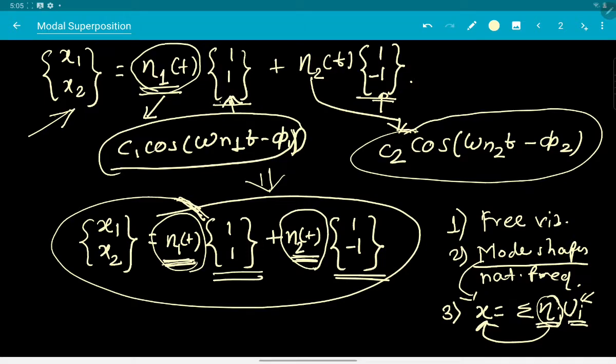Because we already have determined these mode shapes, we don't have to determine mode shapes now, but we'll be determining how much contribution these mode shapes give in determining the displacement vector. So with this assumption, let's see whether we can solve that problem.